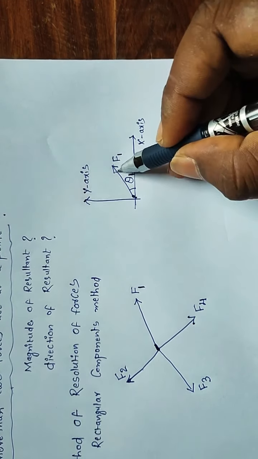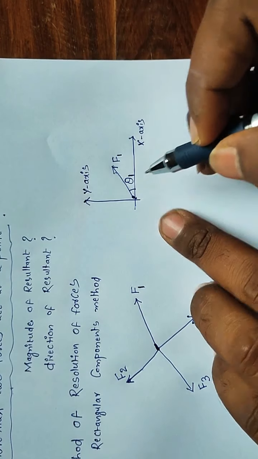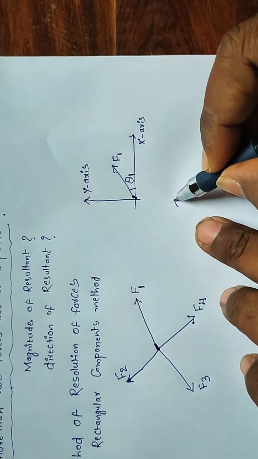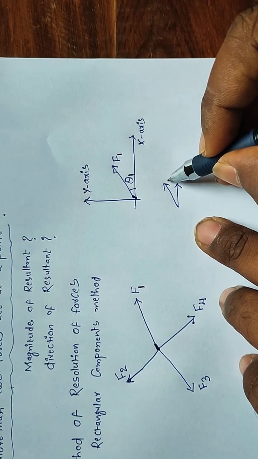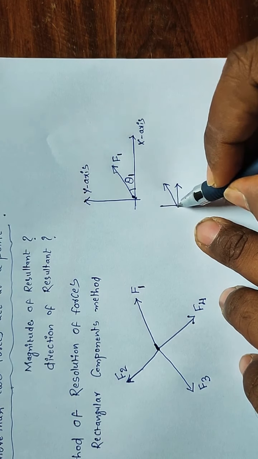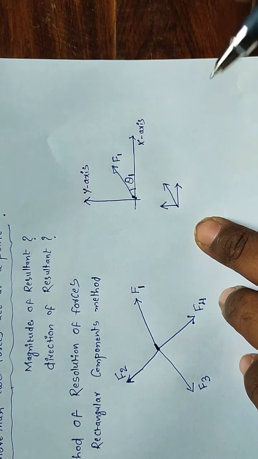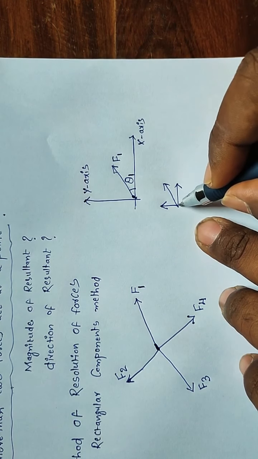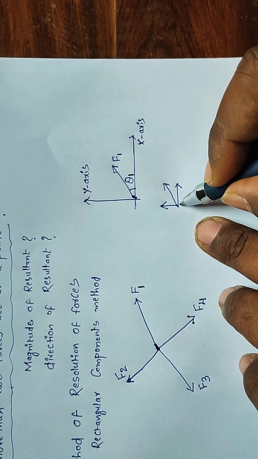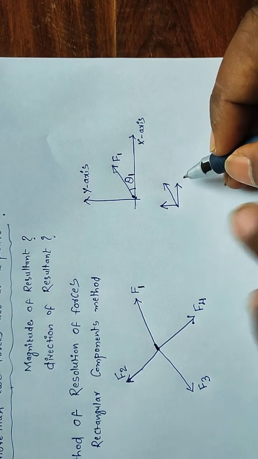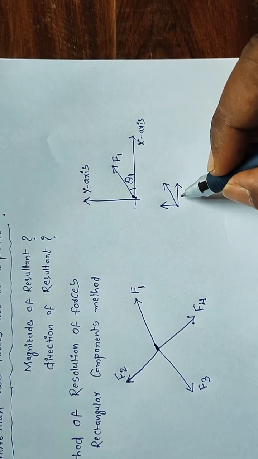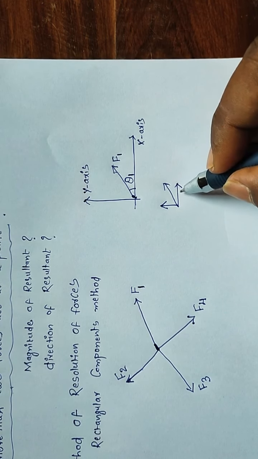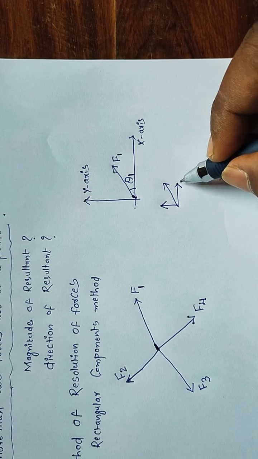We can resolve this force into two components, that is, one is the horizontal component and another one is the vertical component. The component which is acting along the horizontal axis is called the horizontal component.